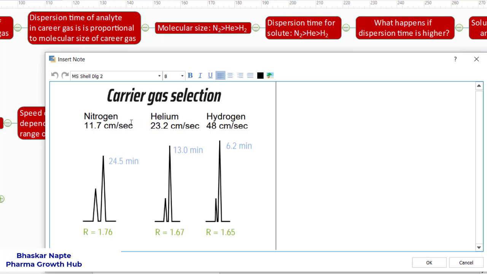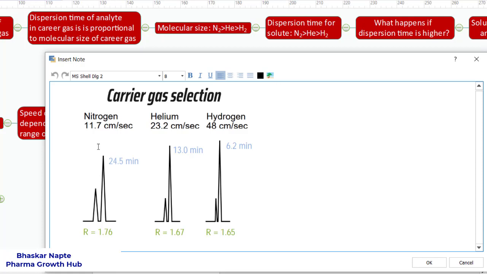The first chromatogram is with nitrogen as a carrier gas, where 11.7 centimeter per second is the velocity of the gas. The second chromatogram belongs to helium as a carrier gas with a linear velocity of 23.2 centimeter per second. And the third chromatogram belongs to hydrogen as a carrier gas with a linear velocity of 48 centimeter per second.